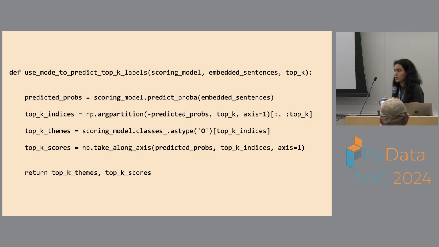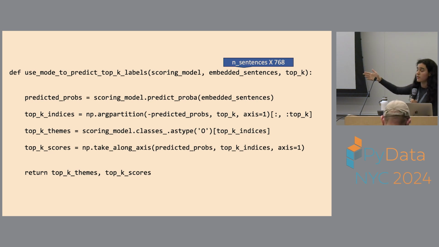So what I'm interested in is not every single label per sentence. What I'm interested in is getting the top K predictions per sentence and their associated scores. So that's what this top K is, right? So let's say I have 20 categories, I have 20 themes, but I'm really interested in getting the top 5 predictions per sentence.